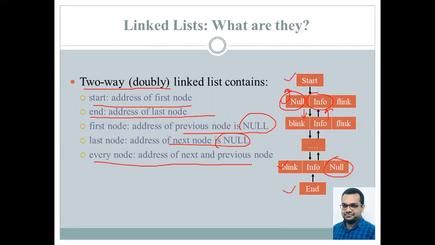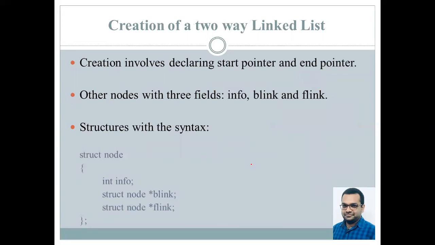Therefore comes the question: how do we declare the two-way linked list? Declaring a two-way linked list involves declaring a start pointer and an end pointer, and every node now contains three fields: the info part, the B link, and the F link. B stands for back, that is, the address of the node occurring previous to a given node in the linked list, and the F link contains the address of the node occurring ahead of the given node.